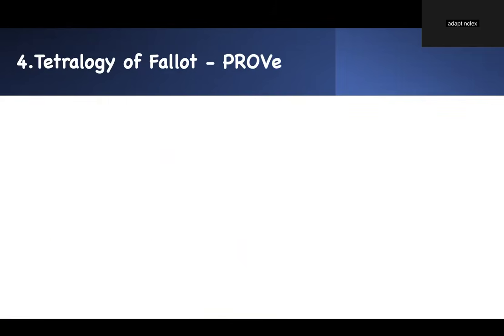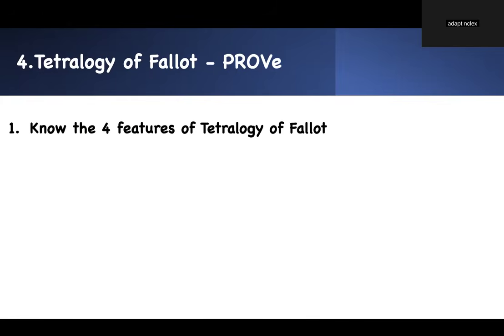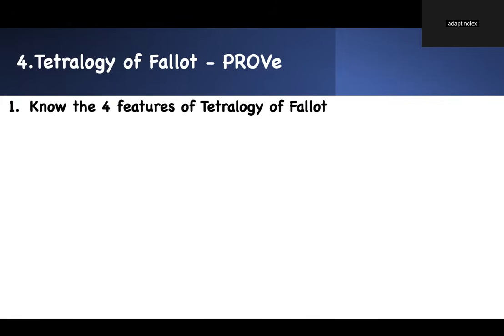Now, the biggest one and the most important cyanotic defect is tetralogy of Fallot. How do you remember them? It's called PROVE. So to remember PROVE, which is tetralogy of Fallot, that means there's more than one thing associated with tetralogy of Fallot. And therefore, this is what we call the 4 features of tetralogy of Fallot, which they may ask you.